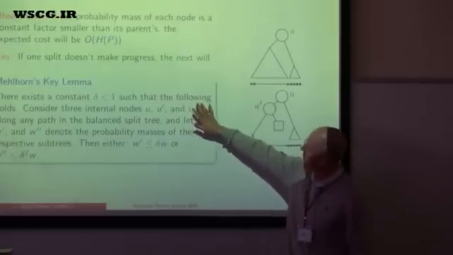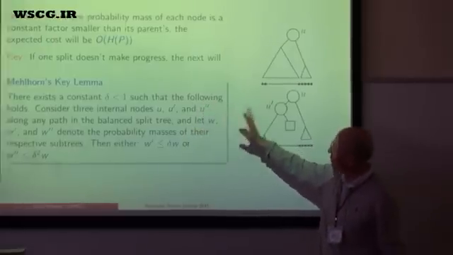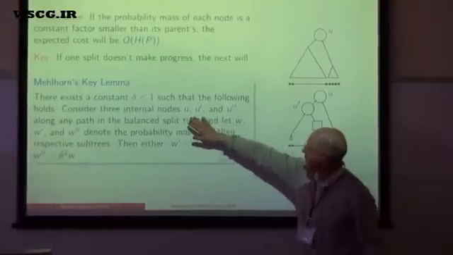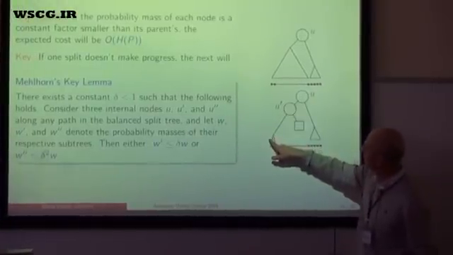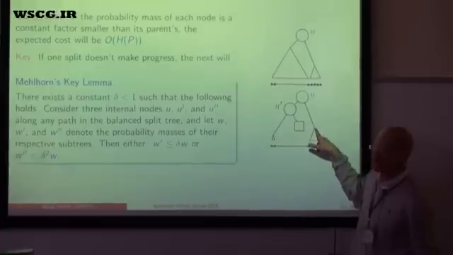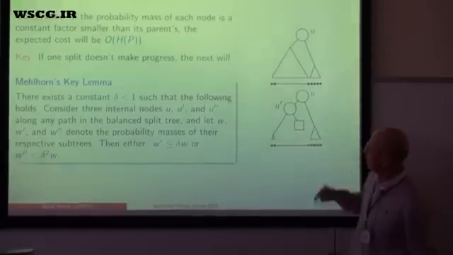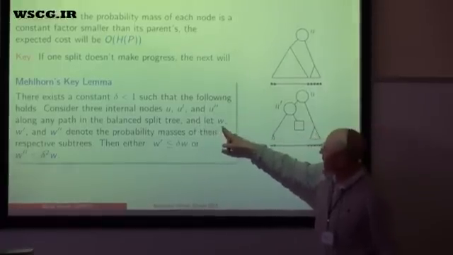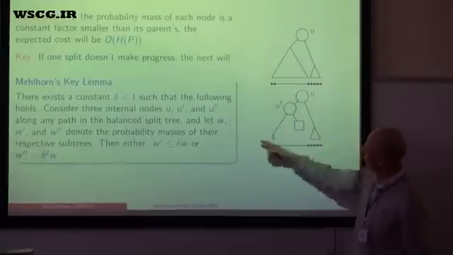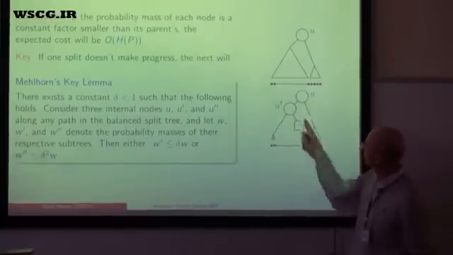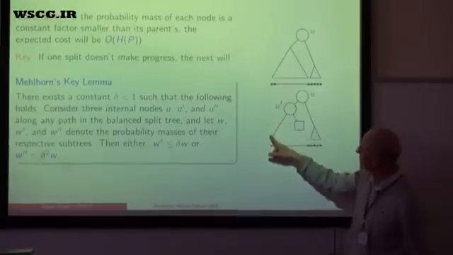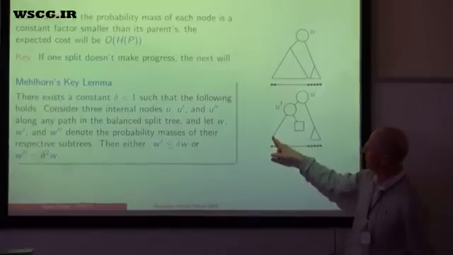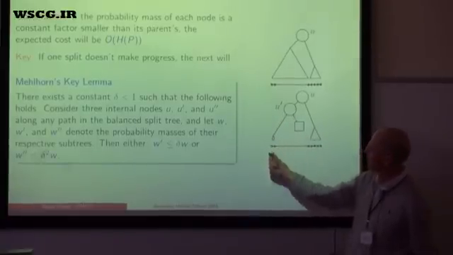He says, well, there will be some constant delta, just a fudge factor. If I take any 3 internal nodes, so for example, U prime, and then think of U double prime as either being this node, or this internal node, then let W be the total mass, W prime the mass of this one, and W double prime the mass of the next one.